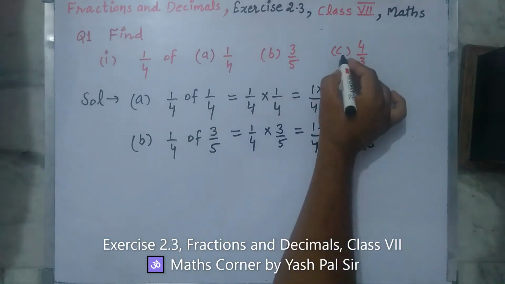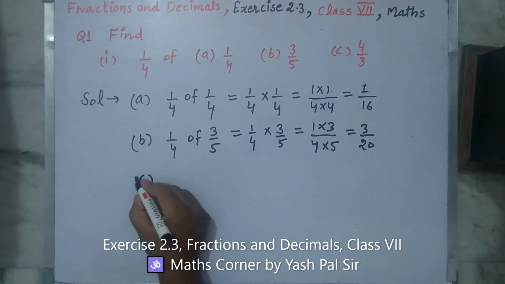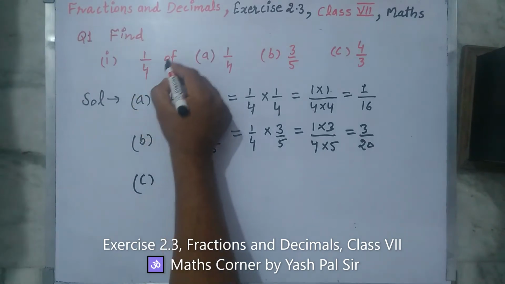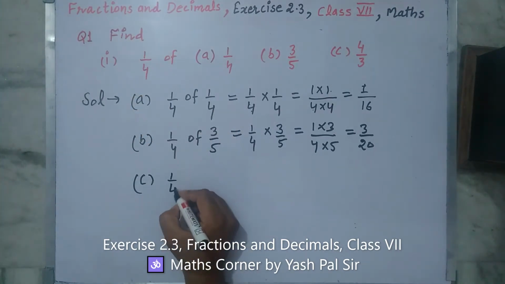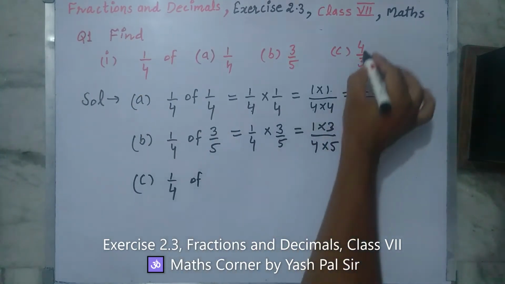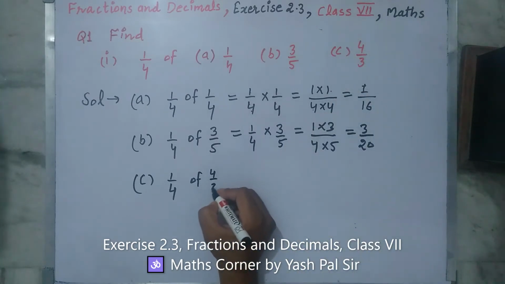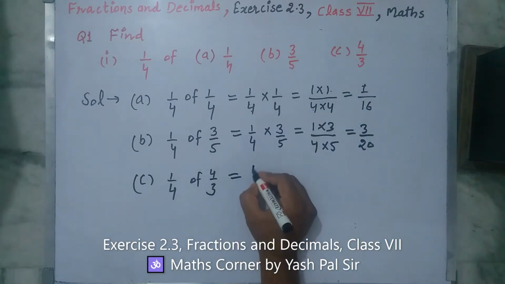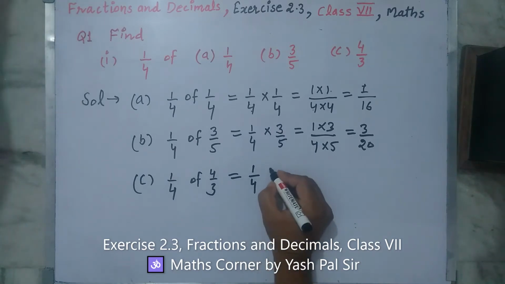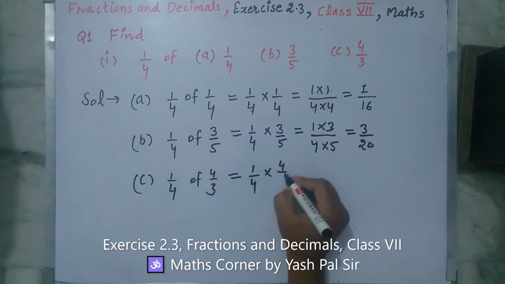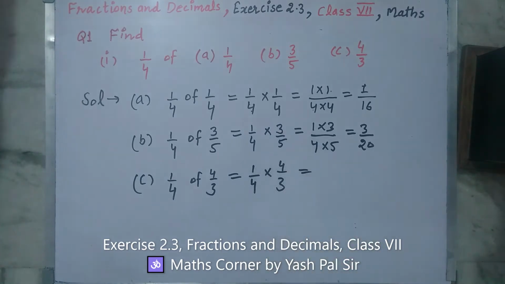Next part, C part. What is the question? 1 by 4 of 4 upon 3. So how to multiply 1 upon 4 into 4 upon 3? So my dear students, here what should we do?